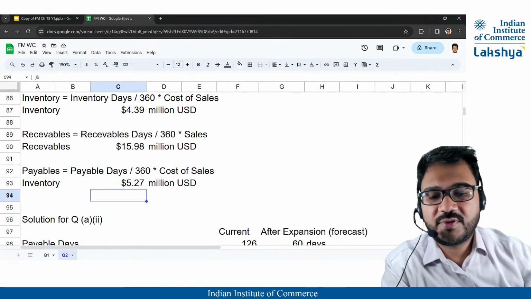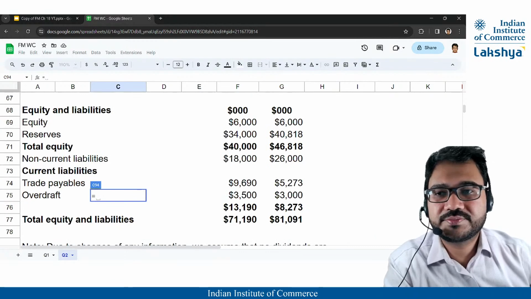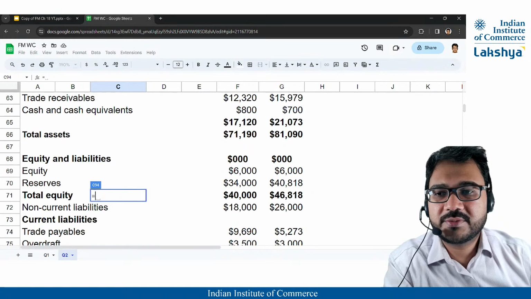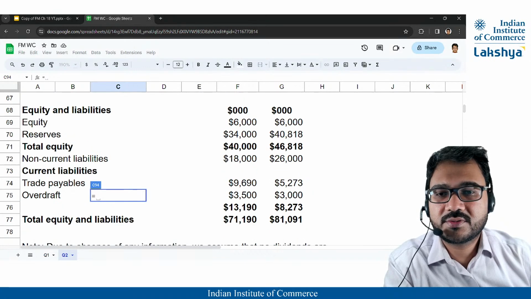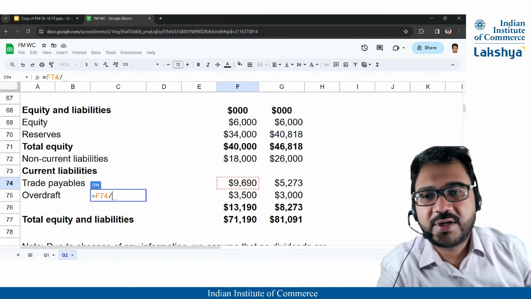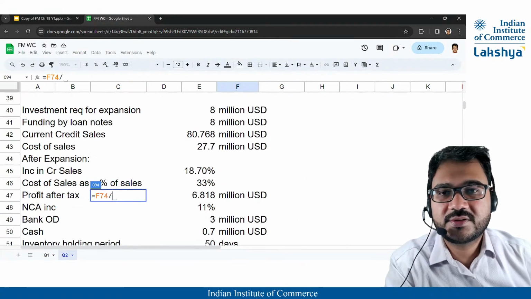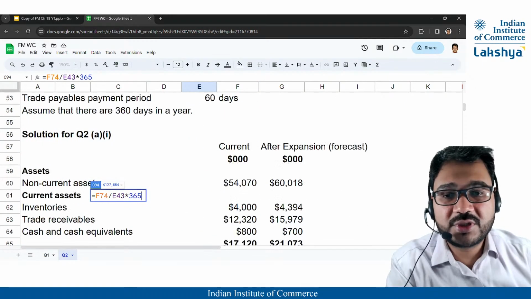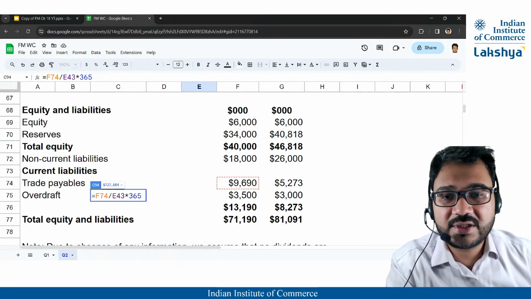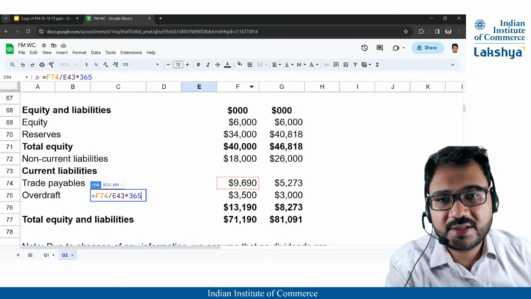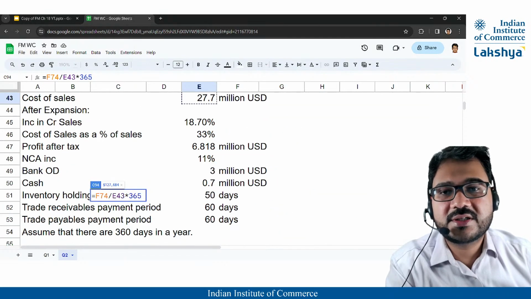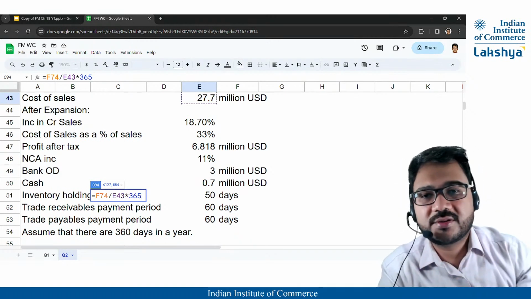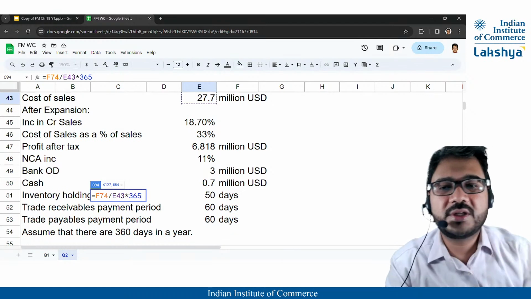Okay, payables. So payables divided by cost of sales into 365. Now, if you just do this in a hurry, you will get it wrong. Why? Because these are in thousands, whereas these are in millions. So you need to convert that million into thousand or the thousand into million. It's up to you. So let us convert millions into thousands.